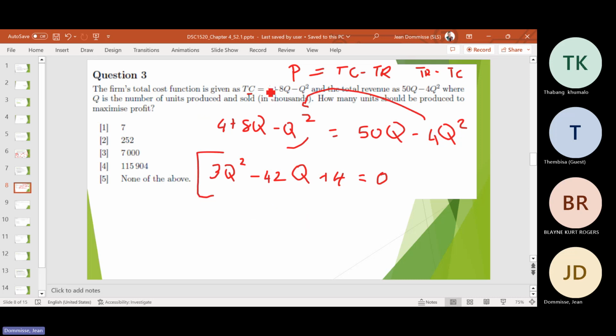So now they ask us how many units sold to maximize profit. Okay, so what do we now need to do to maximize profit? So remember this slope, if we look at this function, it will go up.